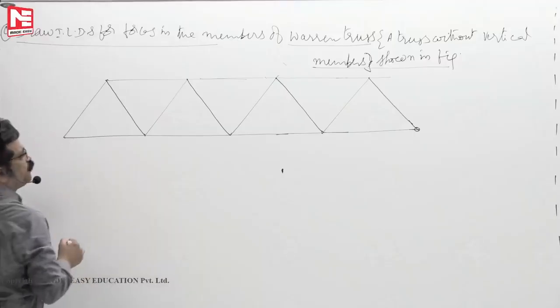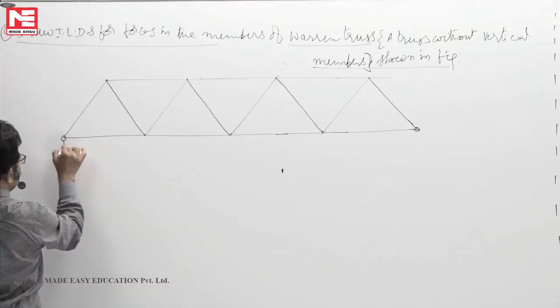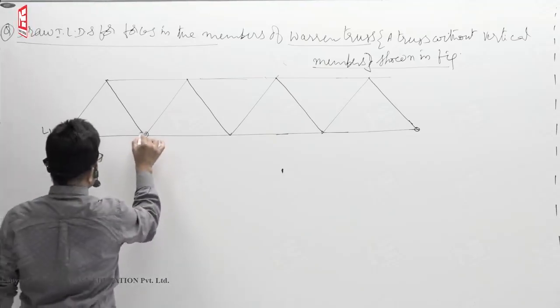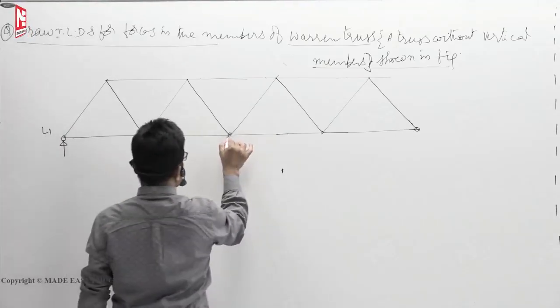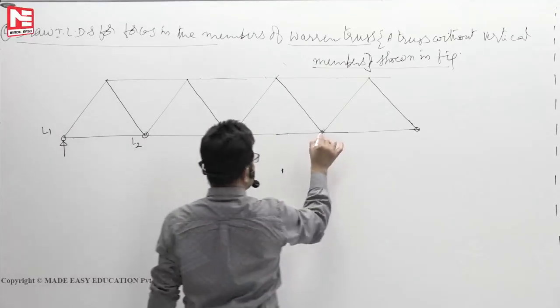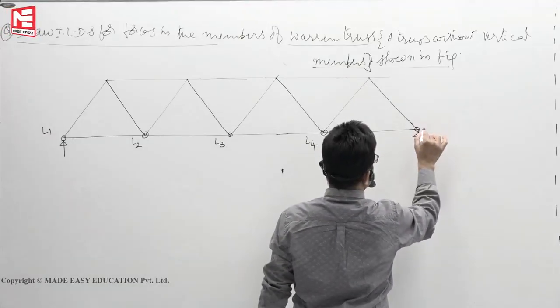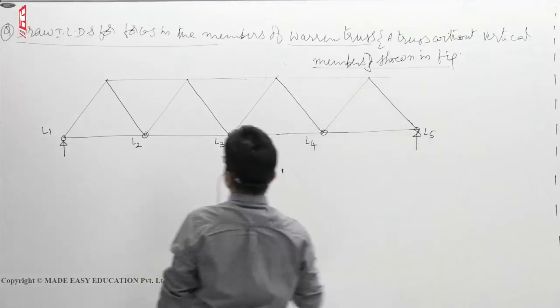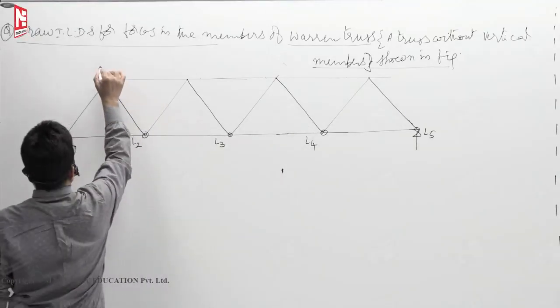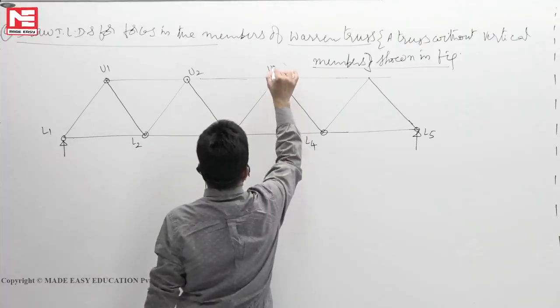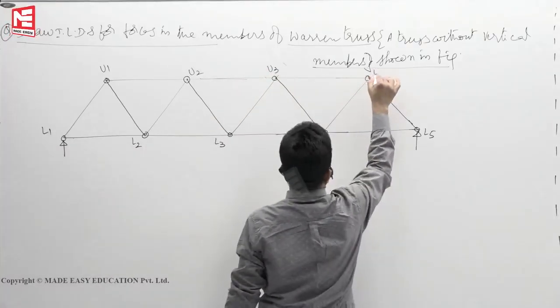Now this is called Warren Truss. It doesn't have any vertical members, only diagonal members. Let us say lower chord members, let us name them L1, L2, L3, L4, L5. Upper chord members, let us say U1, U2, U3, U4.